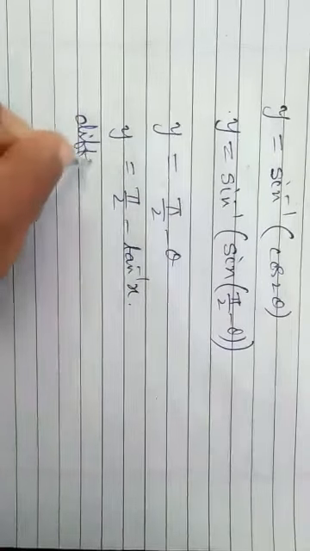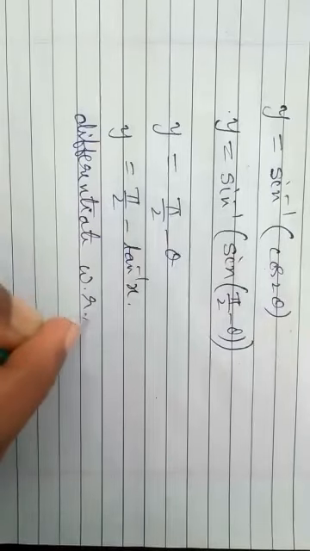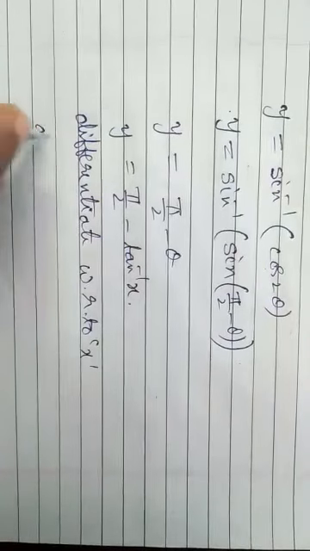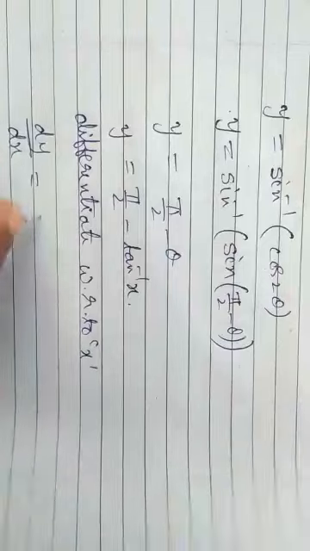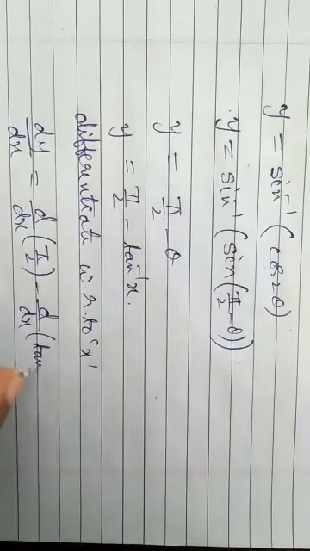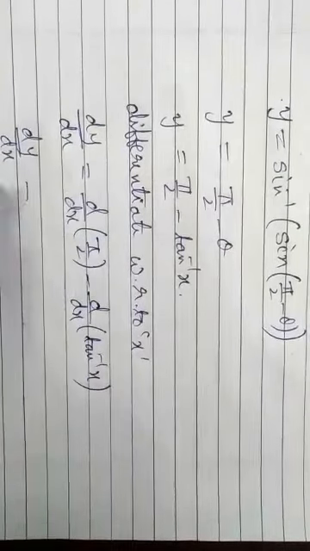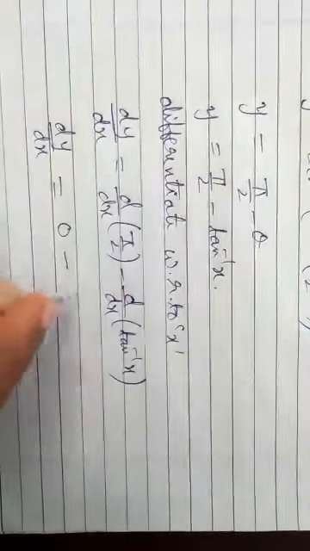Differentiate with respect to x. dy by dx is equal to d by dx of pi by 2 minus d by dx of tan inverse x. Now the constant's derivative is 0, minus 1 by 1 plus x square. Final answer is dy by dx is equal to minus 1 by 1 plus x square.